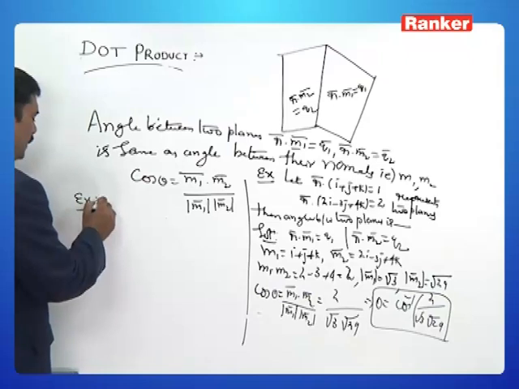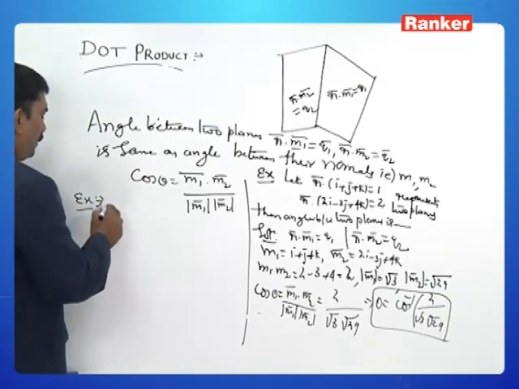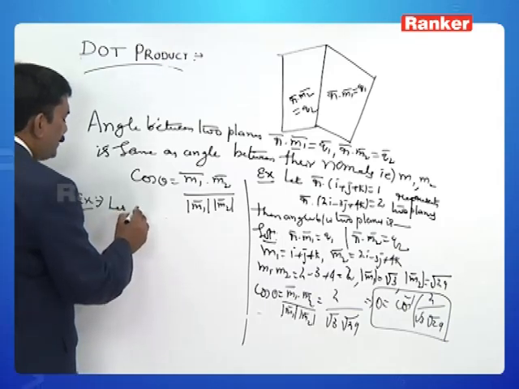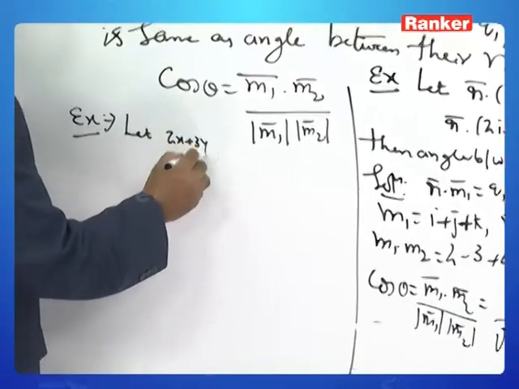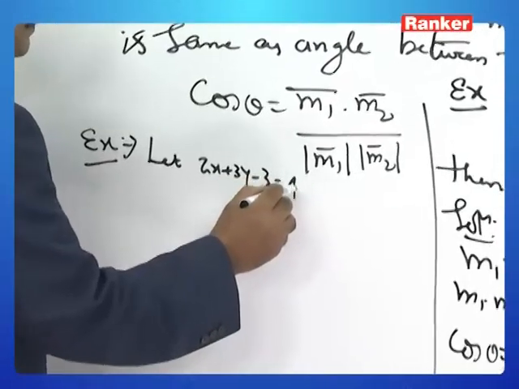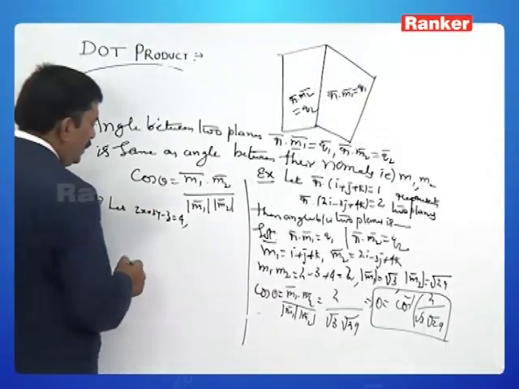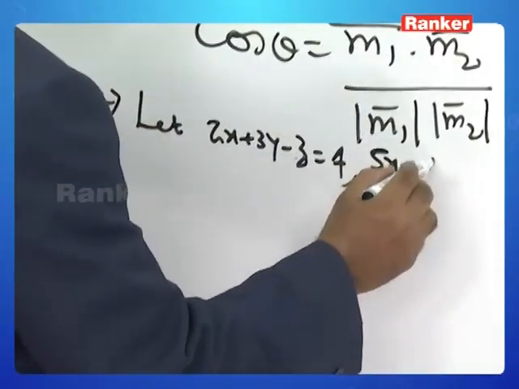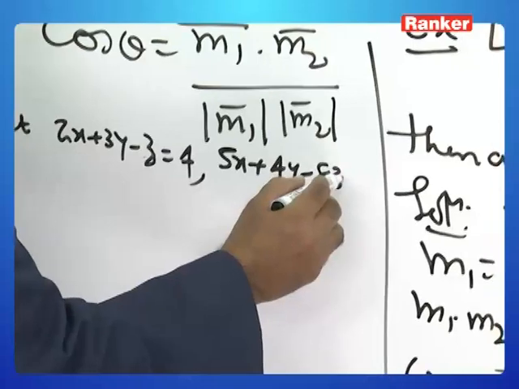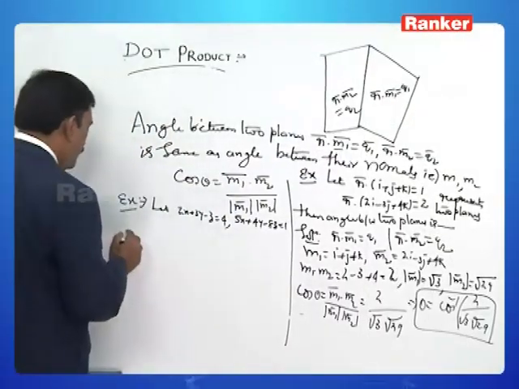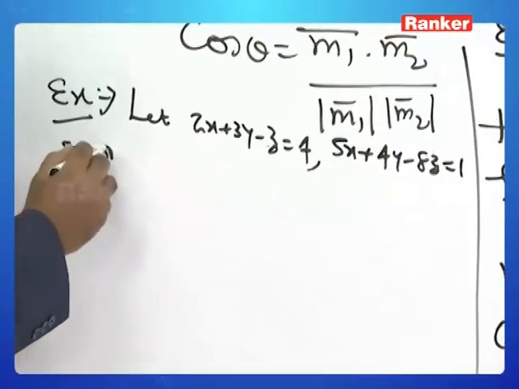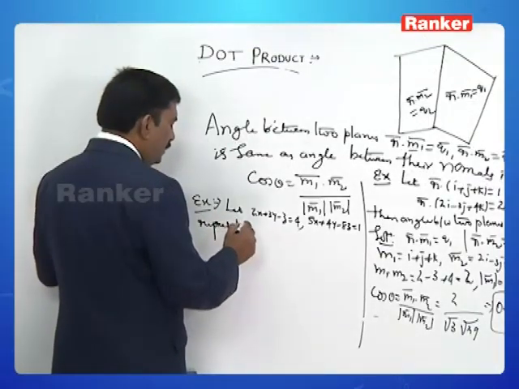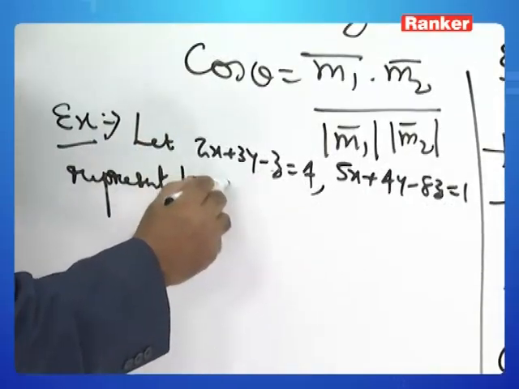Next, in another form, I will write another example. Let us discuss it in detail. Let 2x plus 3y minus z is equal to 4, and 5x plus 4y minus 8z is equal to 1 represent two planes.